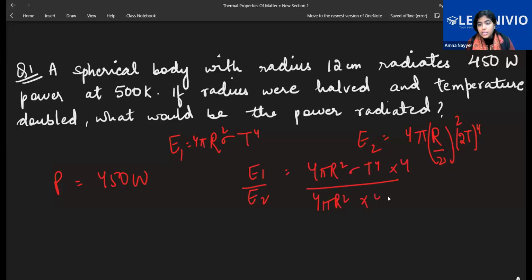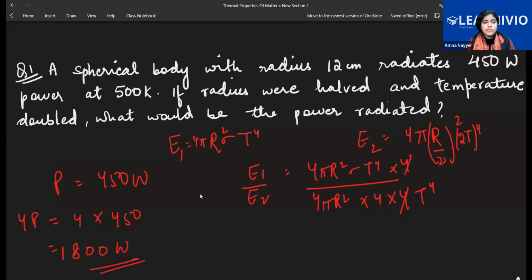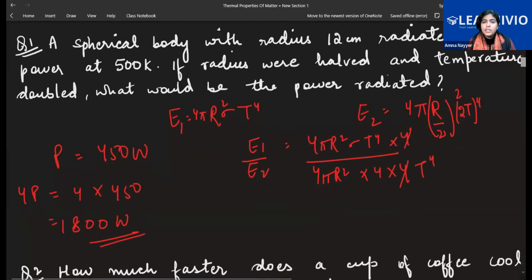Here you will have 4 into 4 because it is T to the power 4, so the 4 will be cancelled. It will be 4 times the original power. So 4 into 450, that is 18 watt. Okay. Write this question.